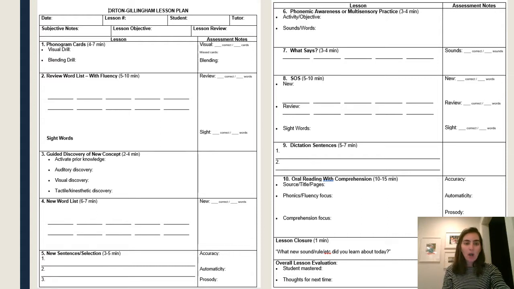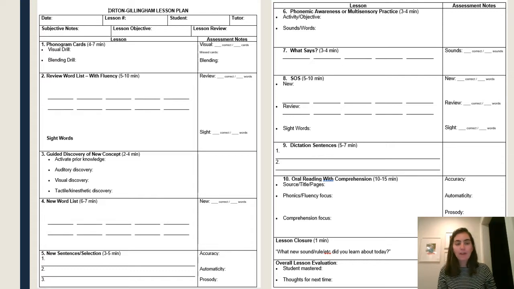You'll see at step 1, we have our phonogram blending drill. Step 2 is a review word list, some sight words in there. Step 3 is where you teach your new concept using the discovery method, and you can see auditory, visual, tactile, kinesthetic. That's that multisensory piece. Step 4 is a new word list where you practice those direct skills right then and there, just very targeted.